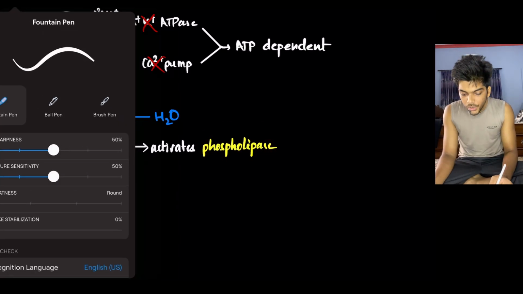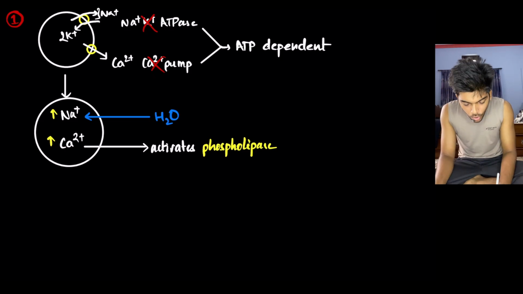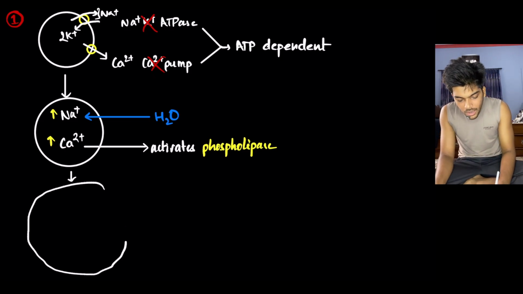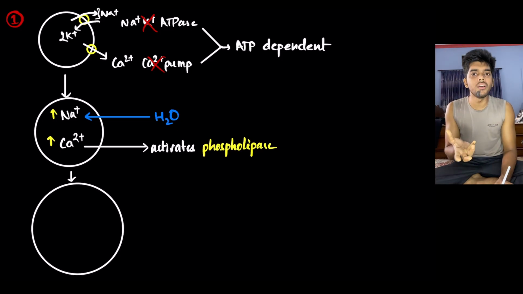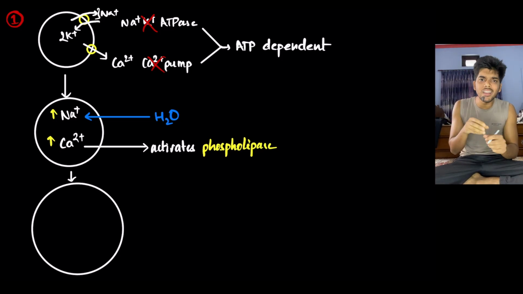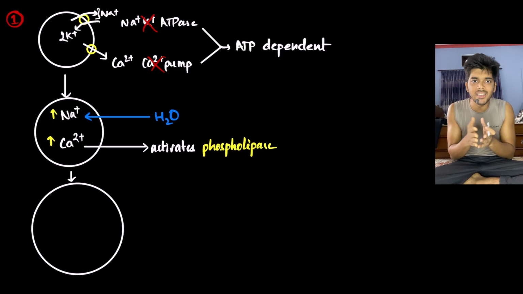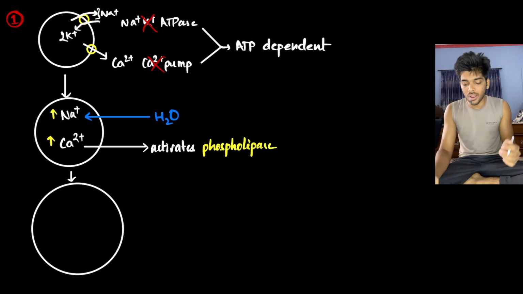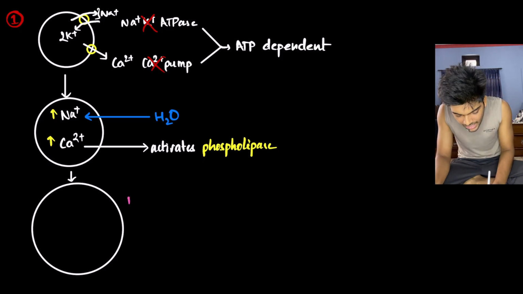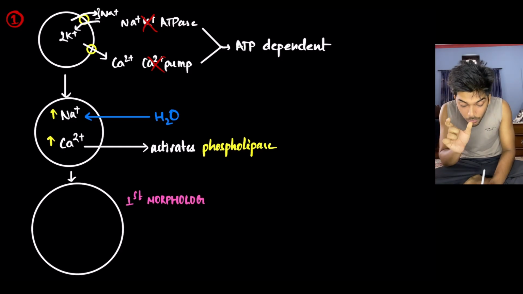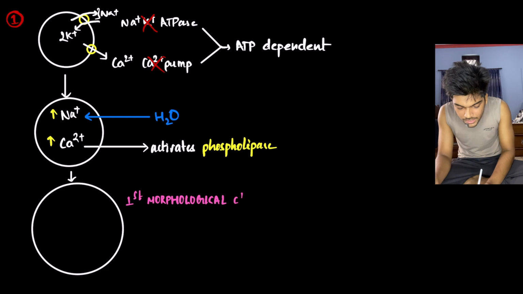First, due to accumulation of water within the cell, the cell obviously swells up. When water goes inside the cell and accumulates, the cell is going to fatten, the cell is going to swell up. And this is the very first morphological, I repeat, morphological change that happens in cell injury.